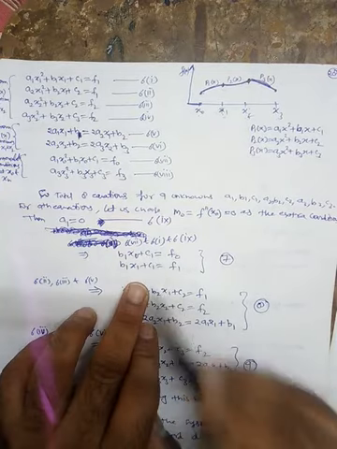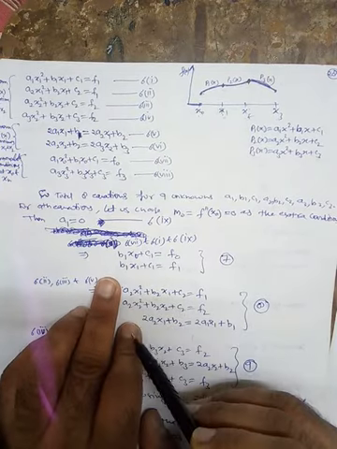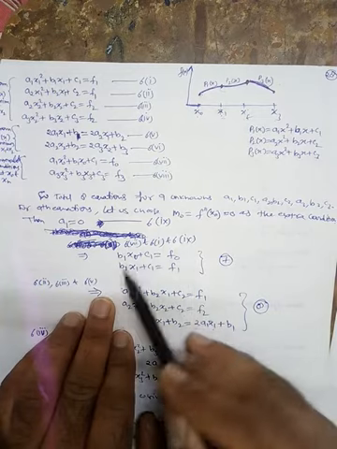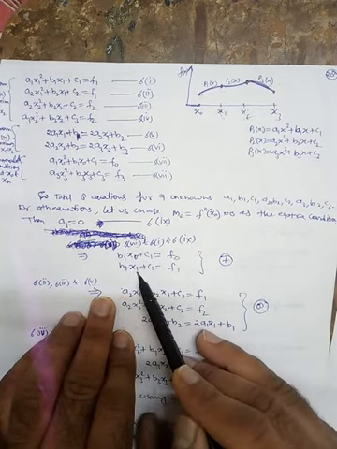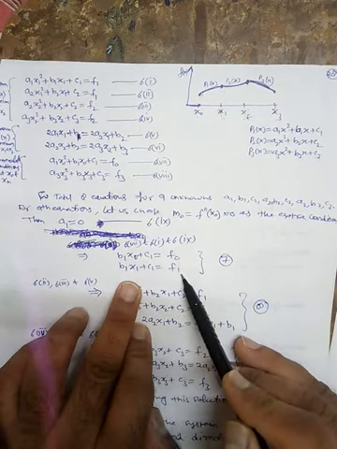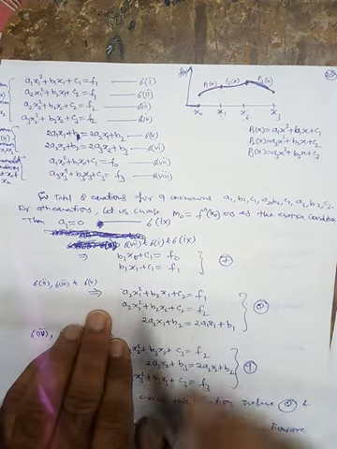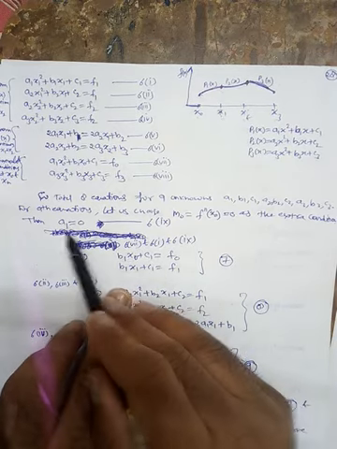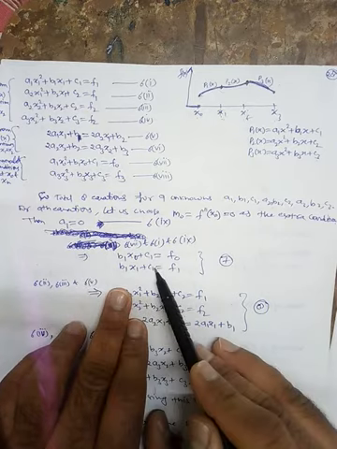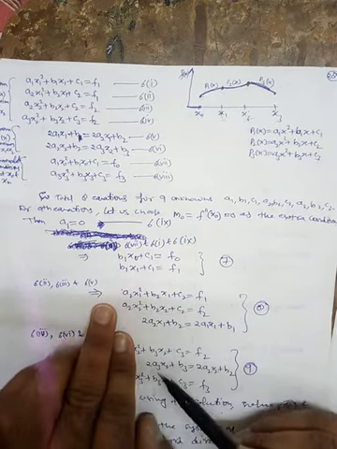So from these two you can find b1, c1. Just solve this, because x naught, x1, f naught and f1 are known to you. Only unknowns are b1 and c1. Just solve this system and get b1 and c1. a1, b1 and c1 are now evaluated.